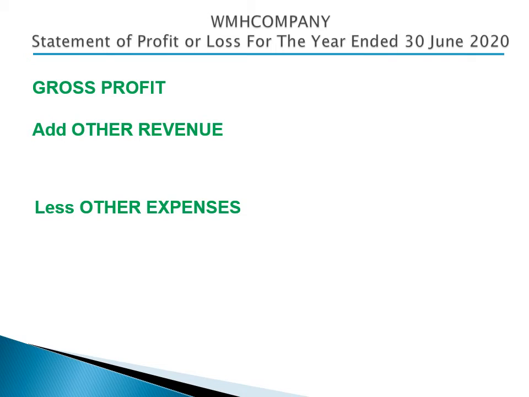And last, less other expenses, because purchases is an expense, but we already calculated it in the first part of this statement of profit or loss just now. So other expenses are other than the expenses that we already put in the first part. So less other expenses, for example, the salaries or the electricity bills and so on. And when you add other revenue less other expenses from your gross profit, you will have the amount of net profit.